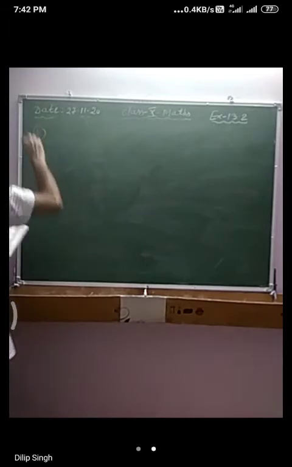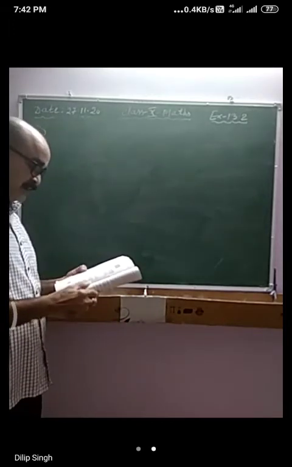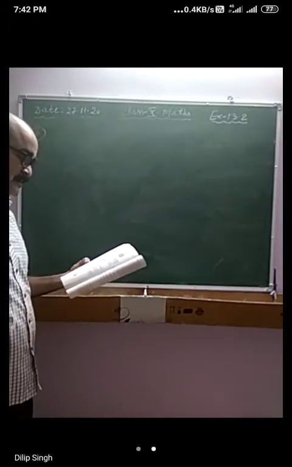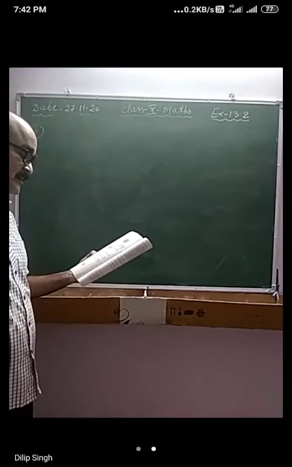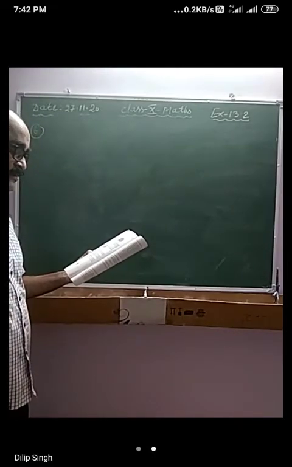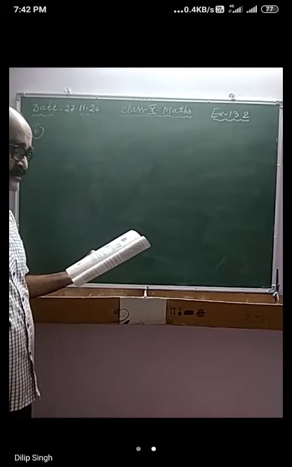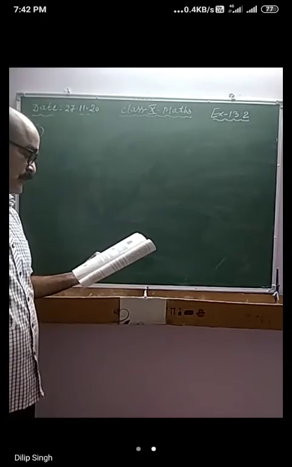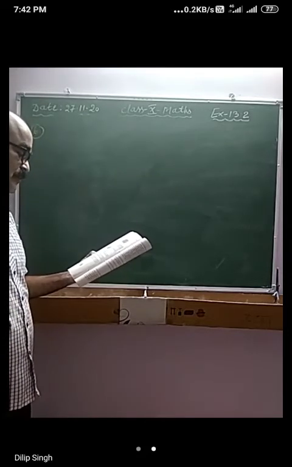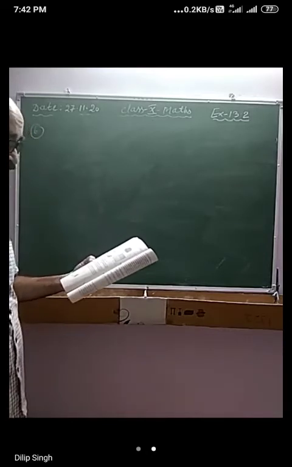question number 6. Question number 6 is a solid iron pole consists of a cylinder of height 220 centimeter and the base diameter is 24 centimeter, which is surmounted by another cylinder of height 60 centimeter.